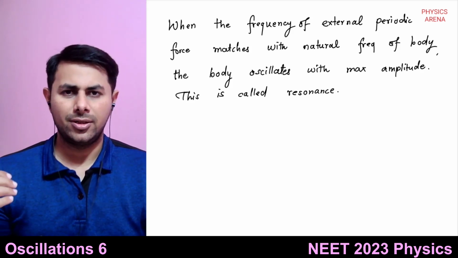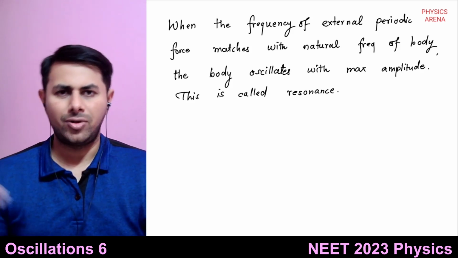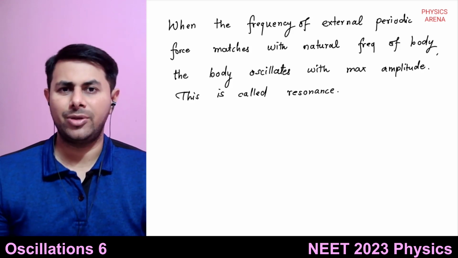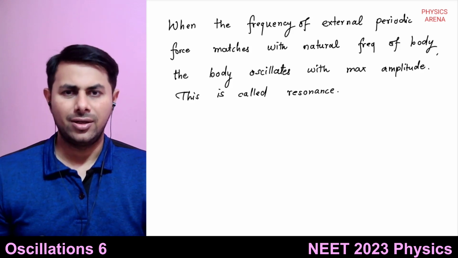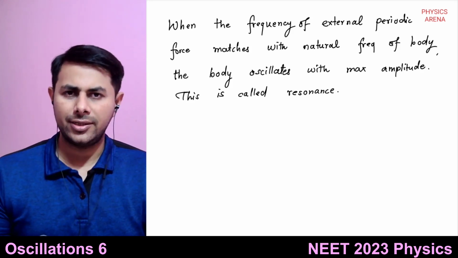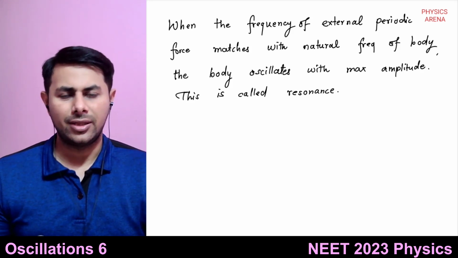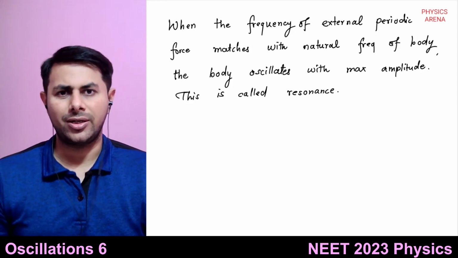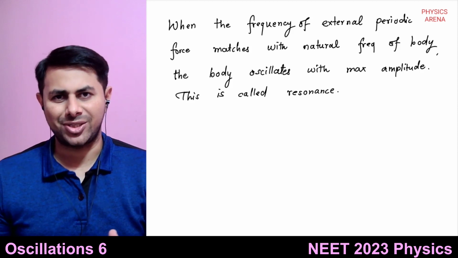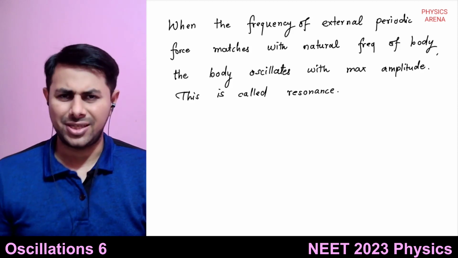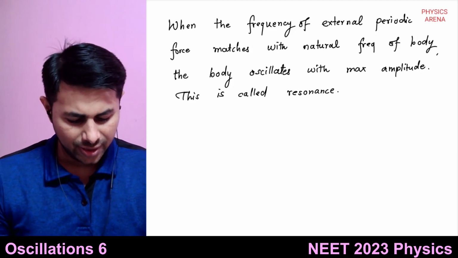If there is no external force, the body vibrates with its natural frequency. That kind of vibration is known as free vibration. And when there is an external periodic force, the vibration of the body under that force is known as forced vibration. These are just some terms.